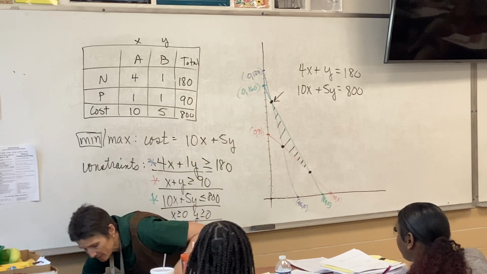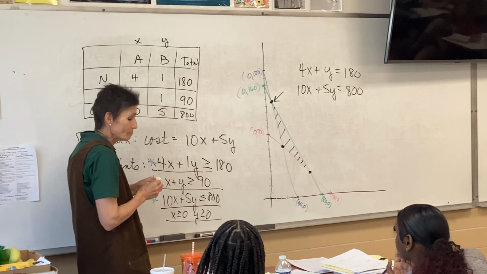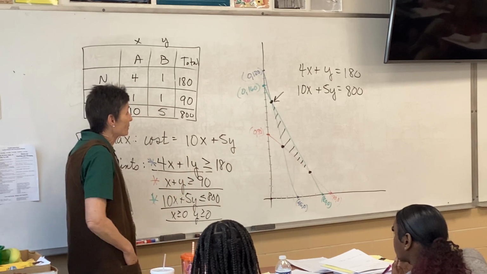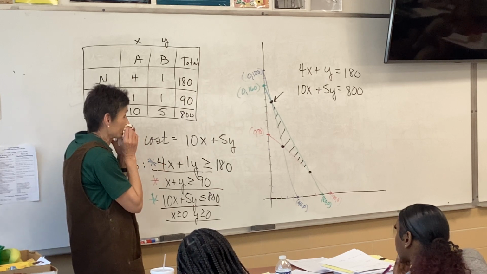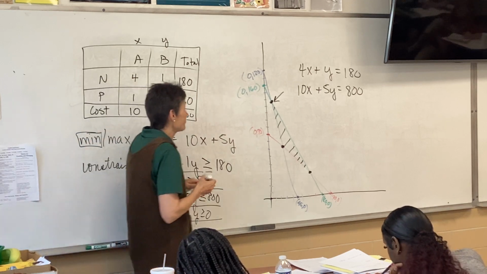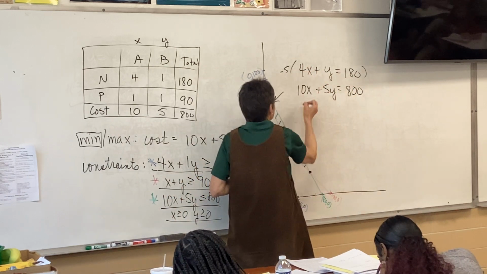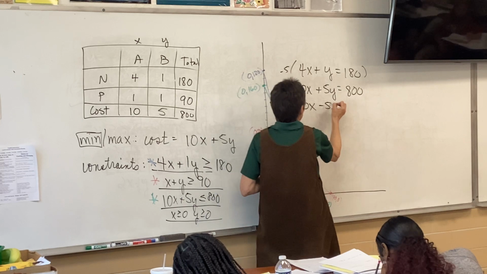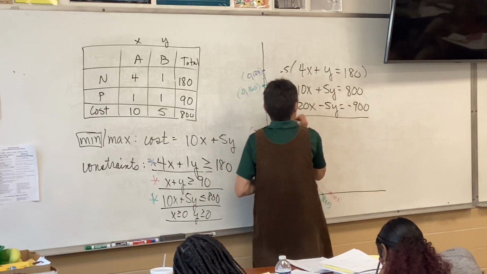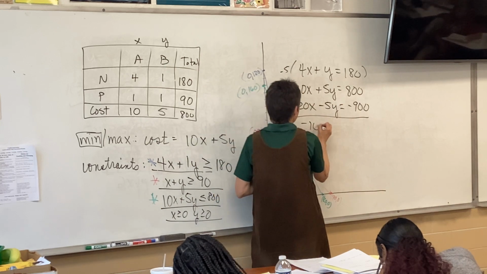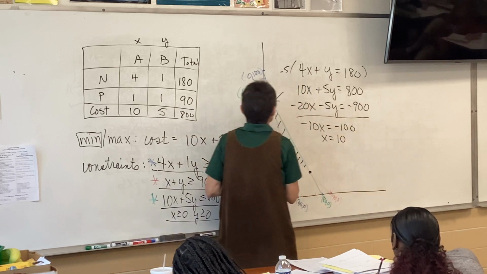Substitute or eliminate. Do whatever you want. I'm an eliminator, so I'm gonna eliminate. But you can do whatever you want. So I'm gonna multiply this one by -5. So -10x equals -100. Looks like x is 10.